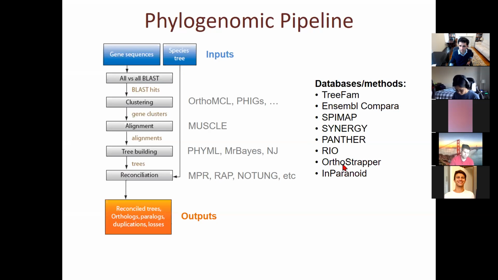And that's how most methods are actually working. There's a lot of databases and methods for doing this, and they're all using the species tree only at the end. But what we can do now is actually use the species tree earlier.